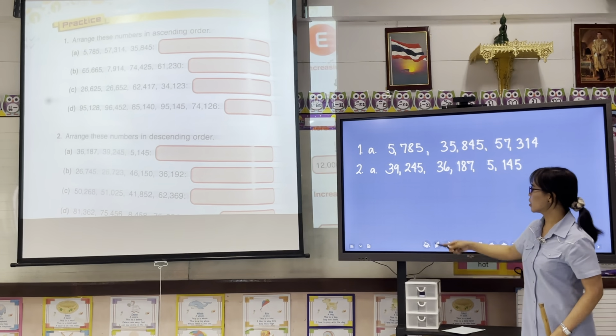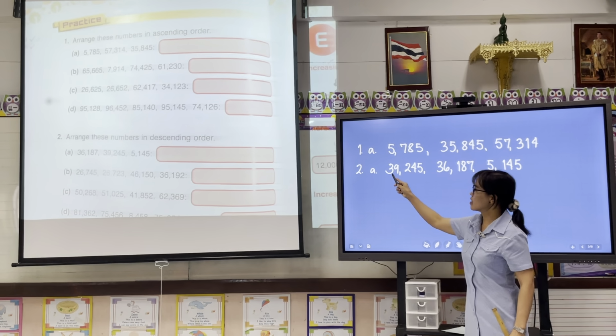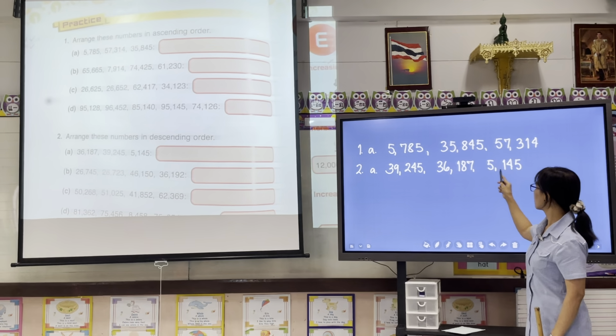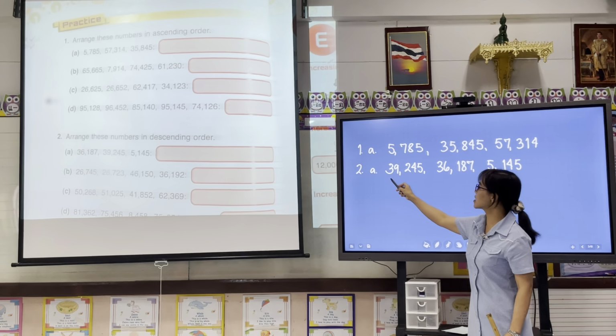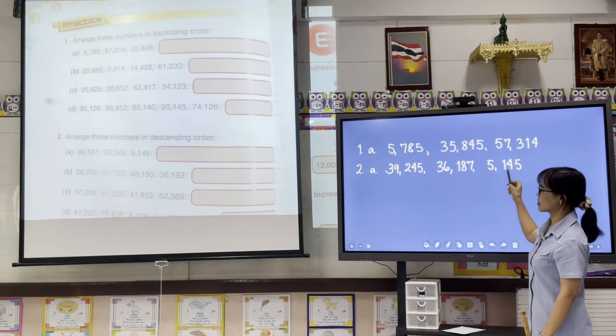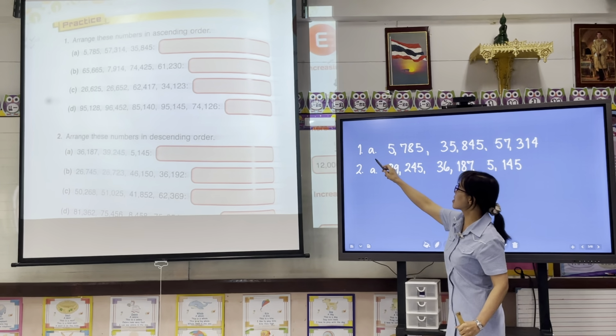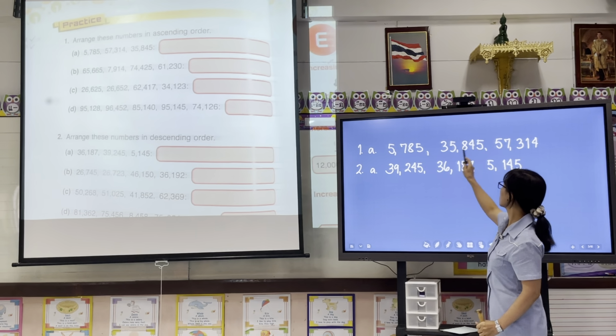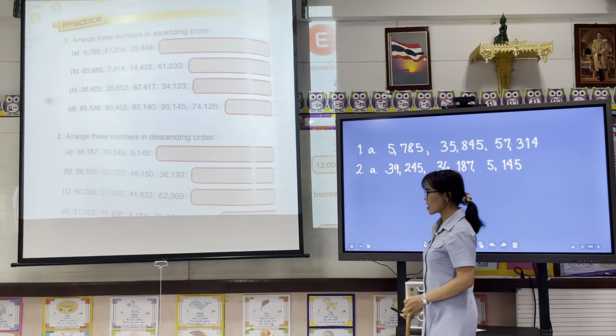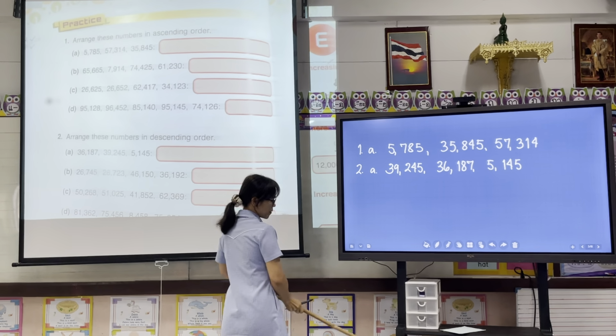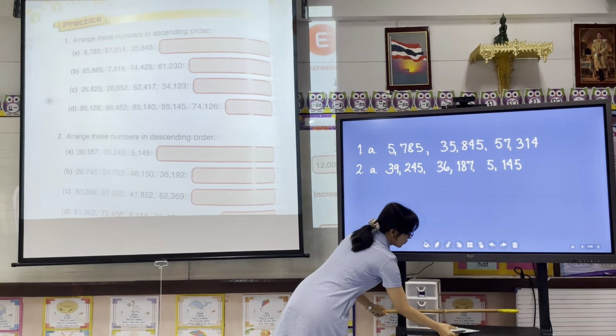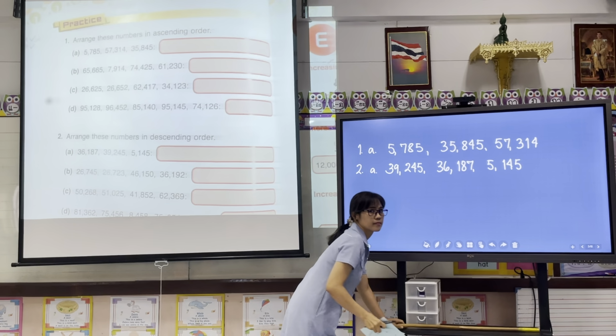Alright. So in number 2, letter A, in descending order, from the greatest to the smallest. In letter A, from the smallest to the greatest, that is ascending.